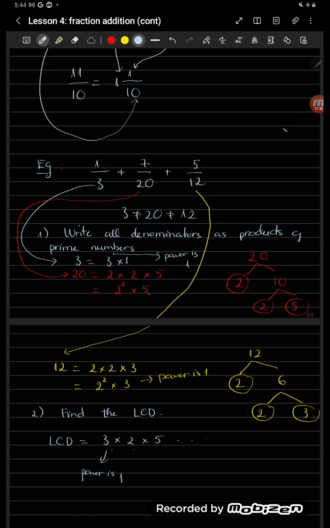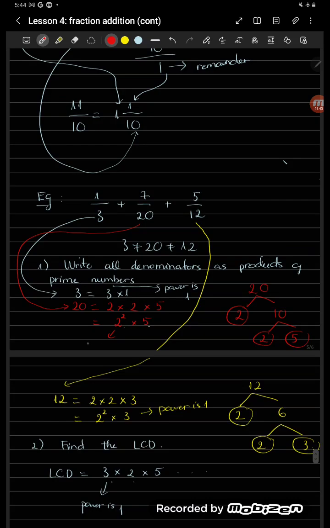And you look at 20, the power of number 2 in 20 is power 2, okay? And if you look at 12 here, the power of number 2 in here is also 2. So it means the highest power of prime number 2 is 2. So you fill in 2 here. Okay, so power 2.